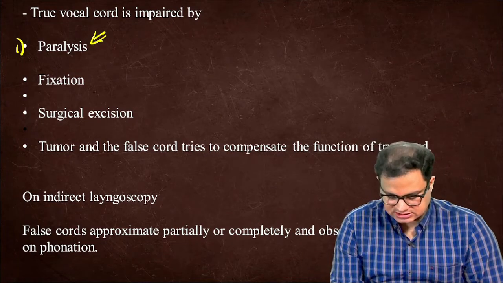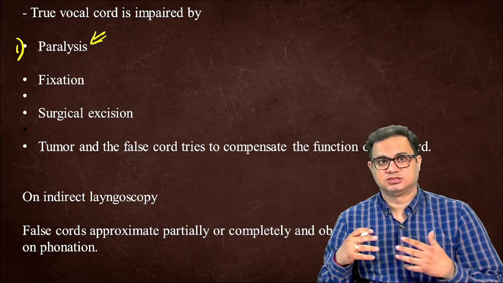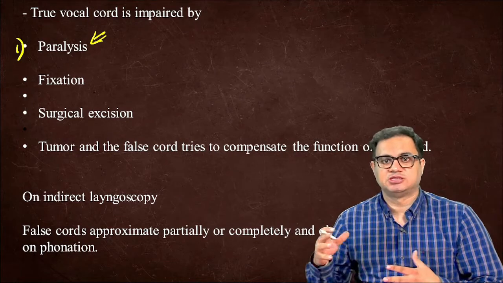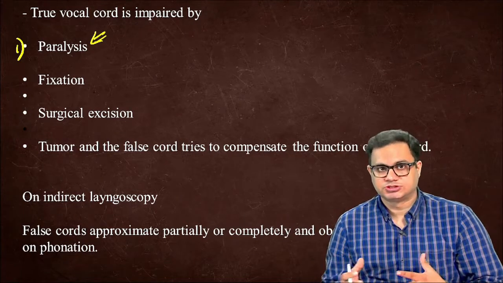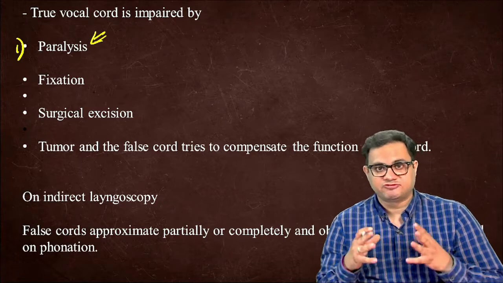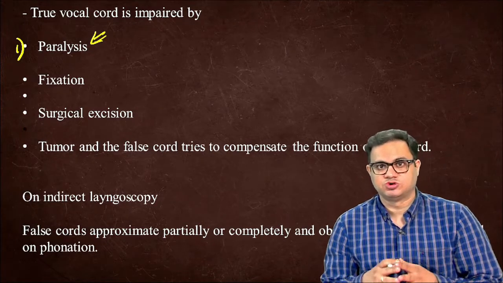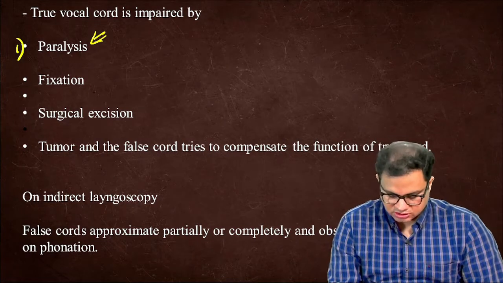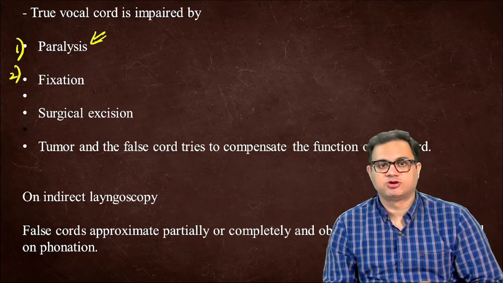Or the true vocal cord is fixed, meaning the nerve is normal, there can be either tumor or any kind of obstruction which is causing the fixation of the true vocal cord. So the function of the true vocal cord, that is the phonation, is taken over by the false vocal cord. So second cause is the fixation of the true vocal cord.